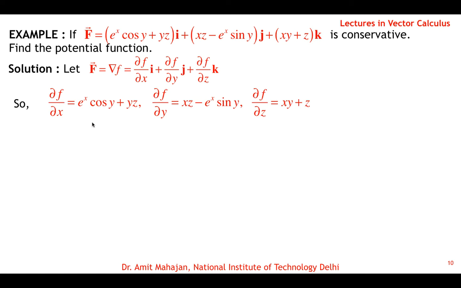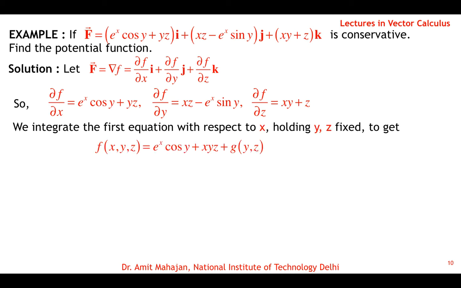Now we can integrate them to find the function. If I integrate the first equation with respect to x, holding y and z fixed, the left hand side will be the function of x, y, z, f itself.